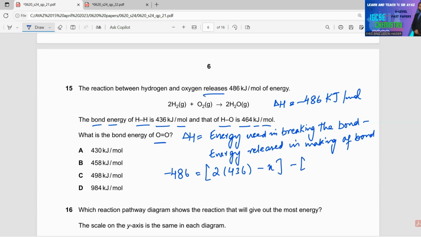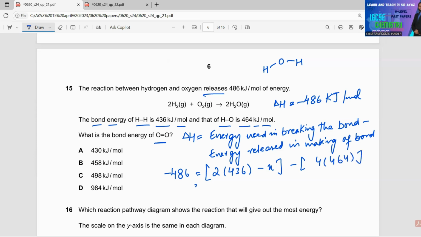We have 2 moles of H2O. You know the formula of H2O, it's H-O-H. There will be 2 H-O bonds in 1 mole of H2O, which means there will be 4 H-O bonds in 2 moles of water. So we need to multiply 4 by 464.